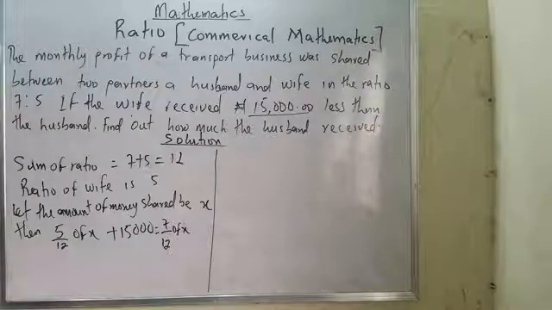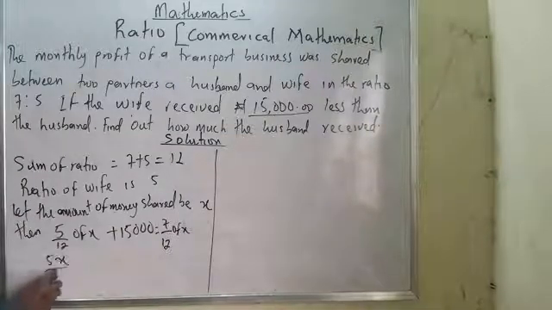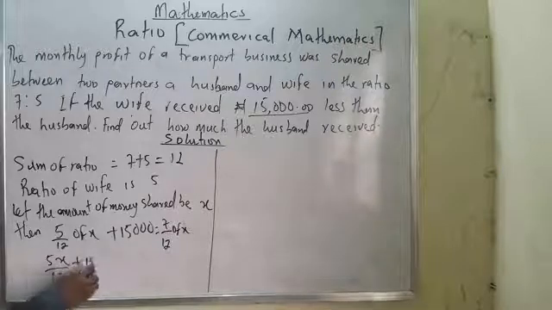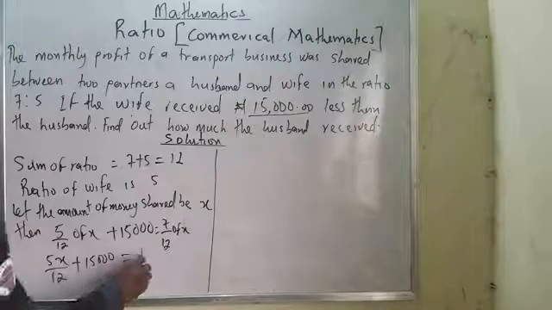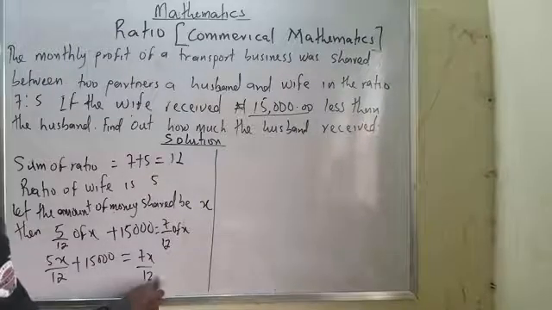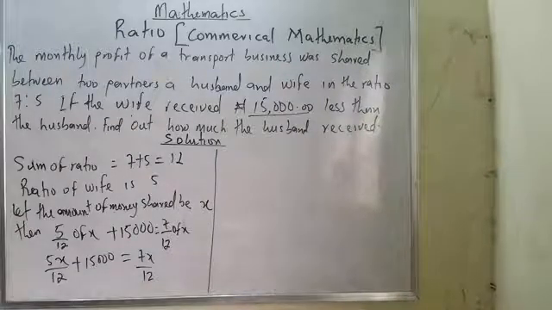It means what I will just do, don't forget, is that of is multiplication. I'll be having 5x over 12 plus 15,000 equals 7x over 12. Please, in normal sense of mathematics, of is multiplication. Take note of that.